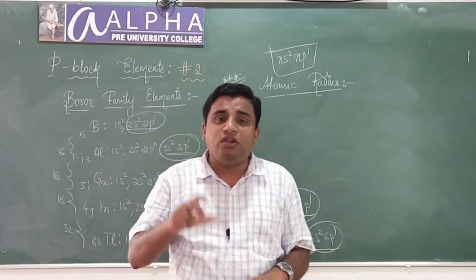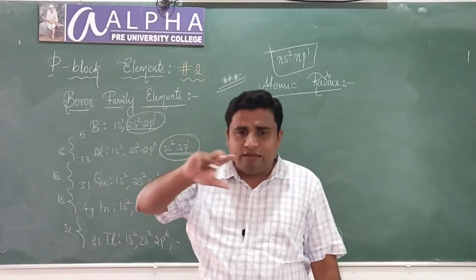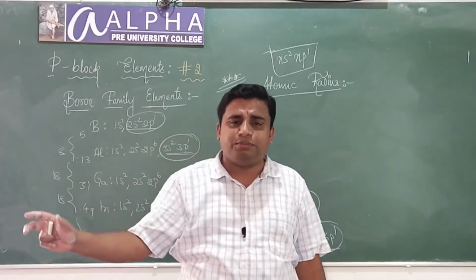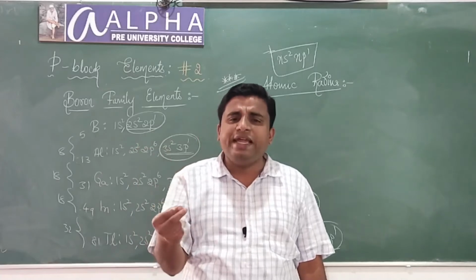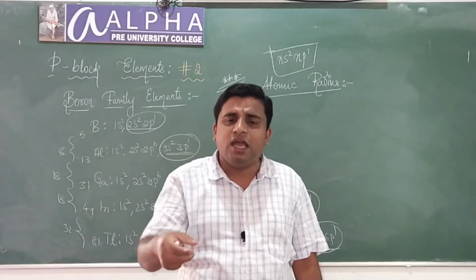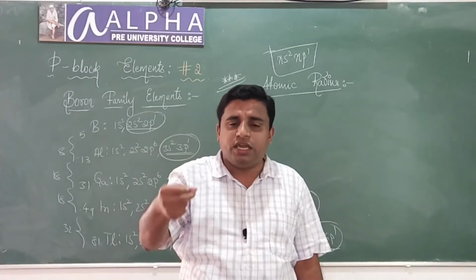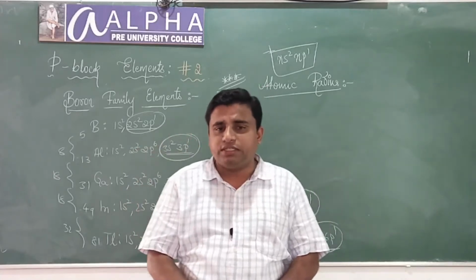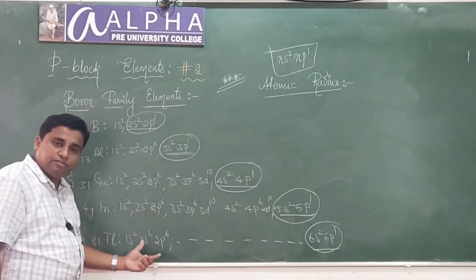That means you will find a lot of exceptions in boron family elements. Each and every physical property will have exceptions. So if you want to understand those exceptions, you should know about the electronic configuration.